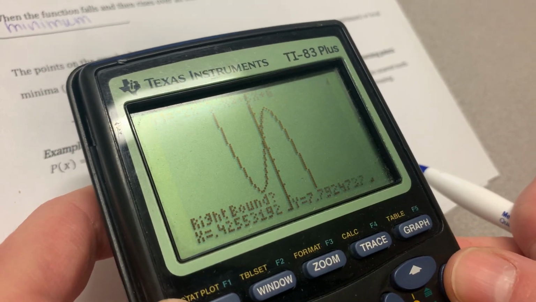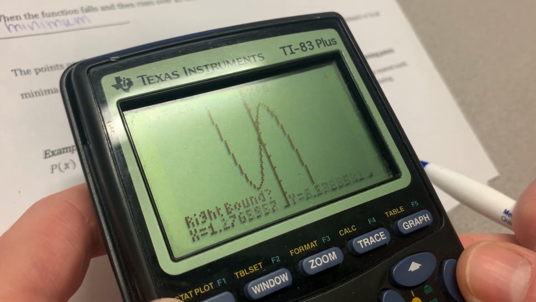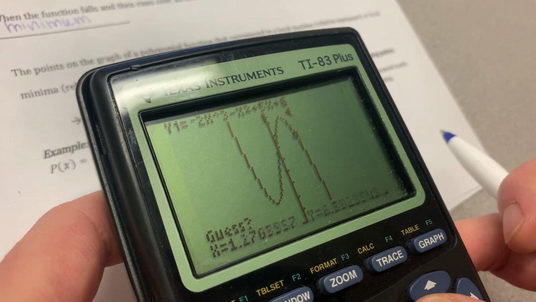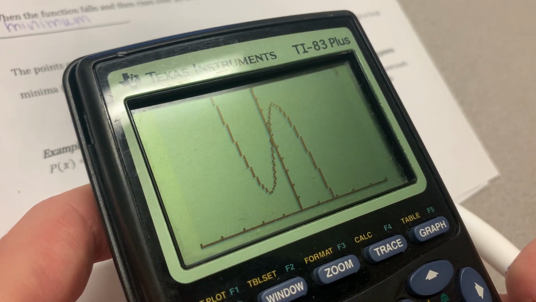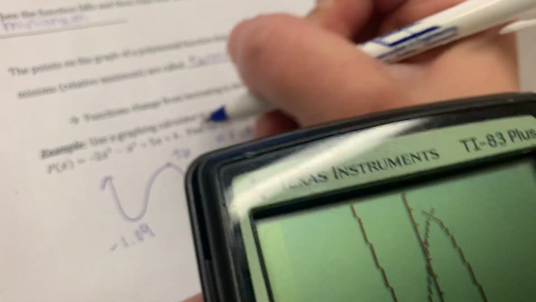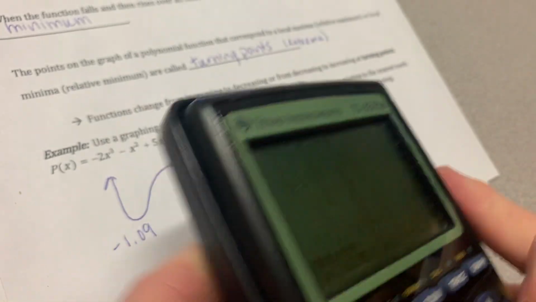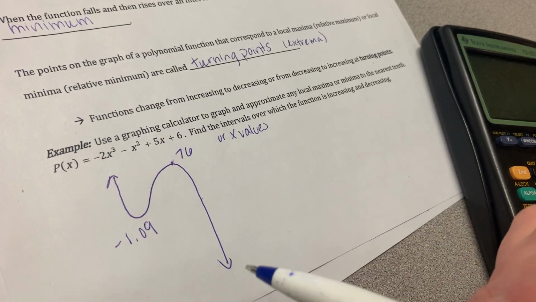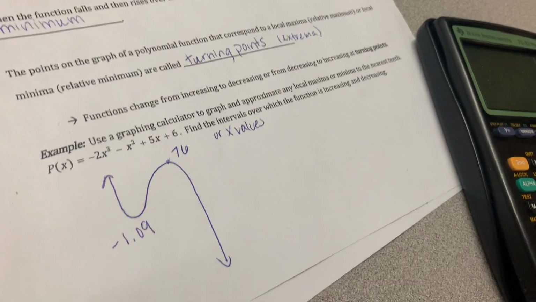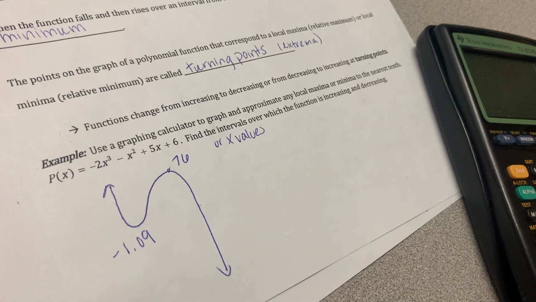I'm going to go to the right bound, and we're going to go to where we think it is. And our maximum value is 0.76, comma 8.3. Now I'm not writing 8.3 because the y value is what tells us increasing or decreasing. I don't want the y value, I just want the x values.